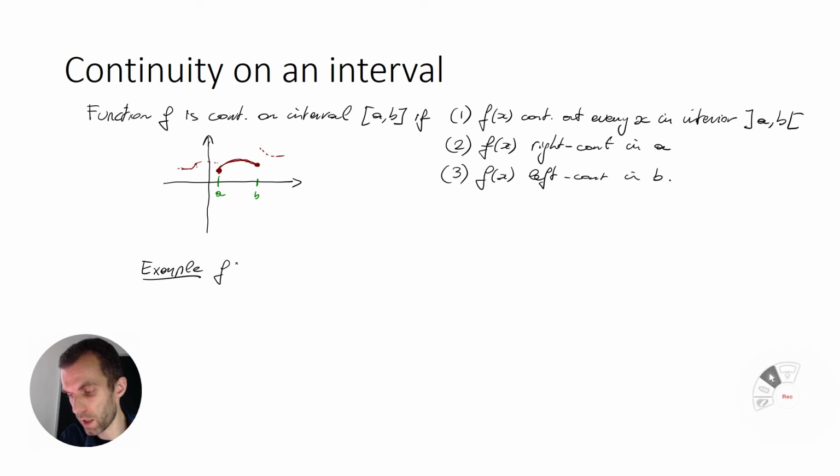So let's take f of x equal to 1 minus square root of 1 minus x squared, and the interval -1, 1.